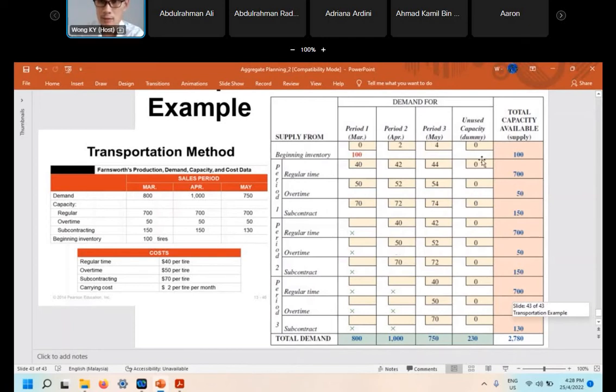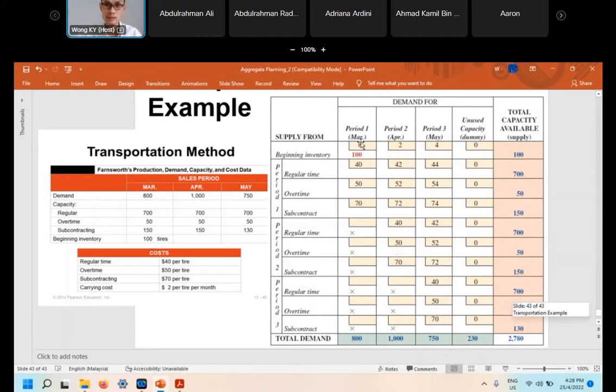I repeat, you only assign quantities to the dummy column if at the end, after you have completed the assignment, you find that there is unused capacity. And because there is unused capacity, you assign it into this dummy column, because this dummy column is meant for unused capacity. Right? Okay, so don't assign anything to 0, 0, 0, 0, 0. Okay, all those that have the minimum cost.